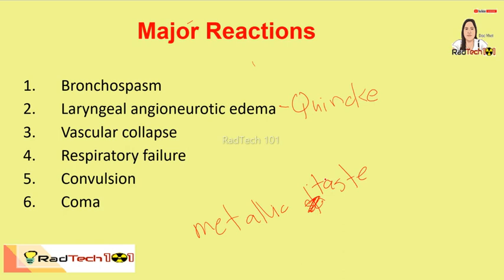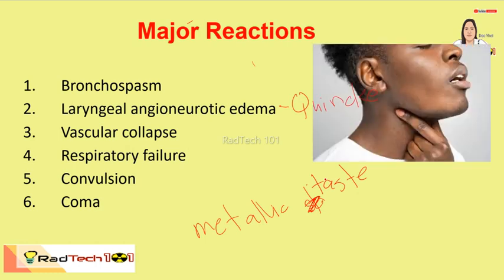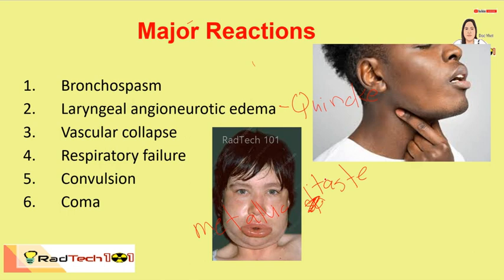So it is considered metallic taste of contrast, iodine or barium. So metallic taste daw siya. Ito siya for bronchospasm or pwede rin laryngeal angioneurotic edema. So we will end here.